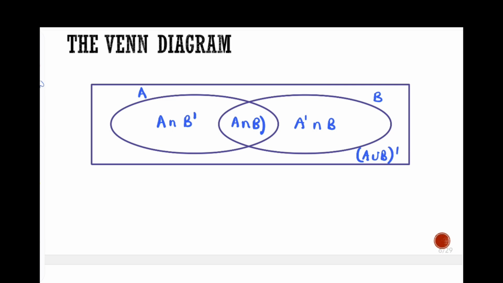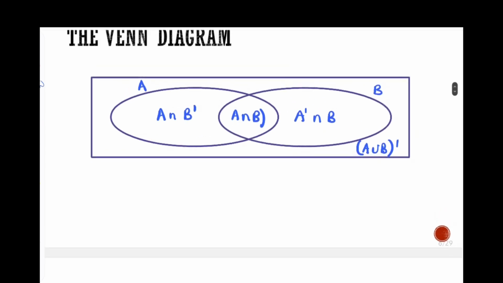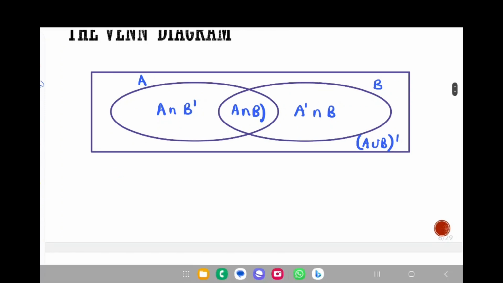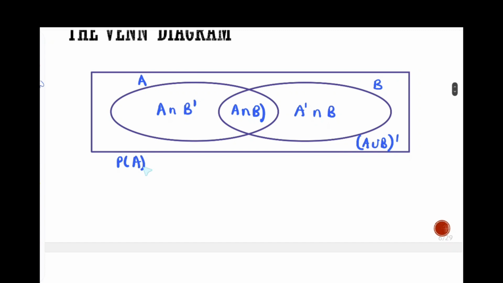From those elements of that set, we can get different probabilities. For example, if I want to get the probability of A occurring, we know that set A is this entire set.